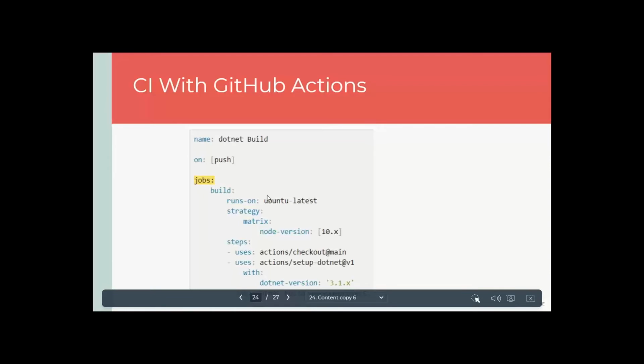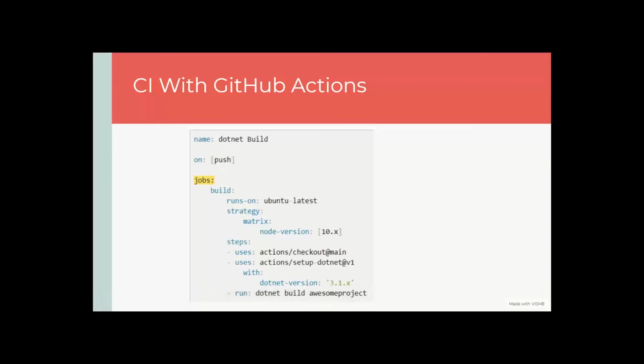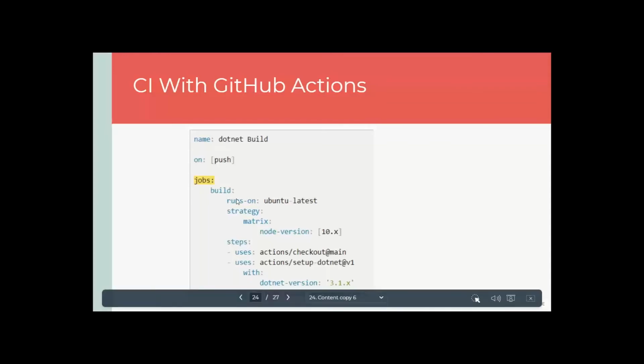In Azure DevOps we provide the agent pool and agent machine name, like self-hosted or a default one. Similarly here they have the schema key runs-on, and here we have to provide Ubuntu latest or something. And here the strategy, for example, I am going to build a Node application.